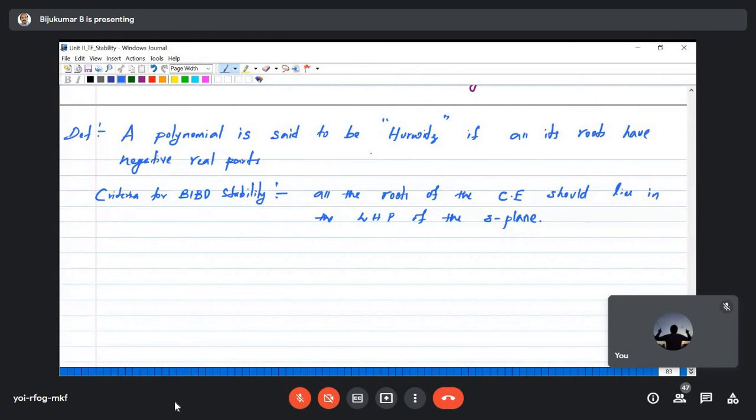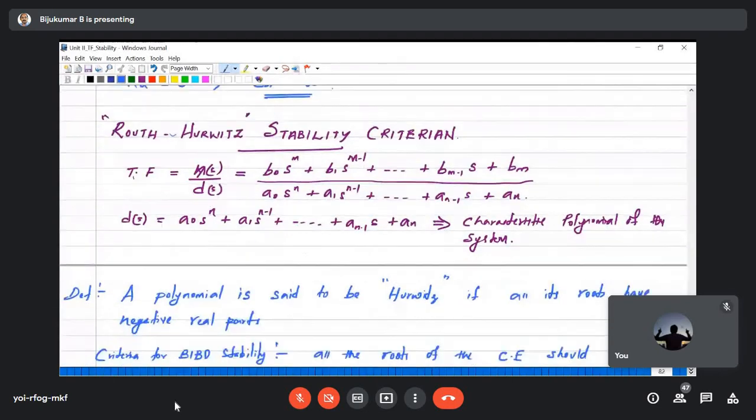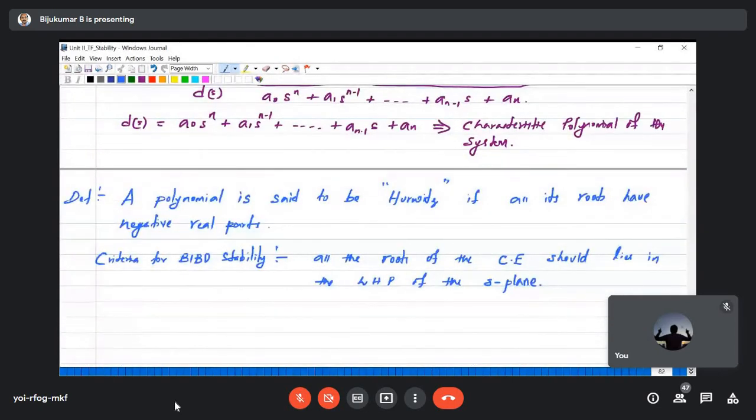And one more thing, in this polynomial, according to Hurwitz, a polynomial is said to be Hurwitz if all its roots have negative real parts. That means all the constants in this polynomial, the coefficients a naught, a1, etc. up to an, are real numbers. Okay, here.